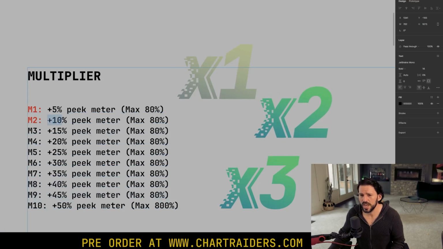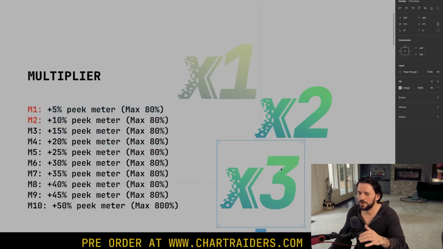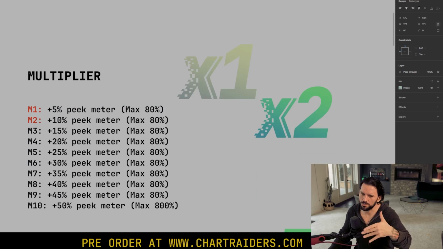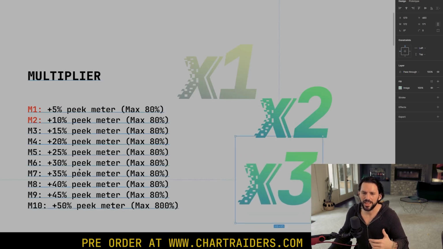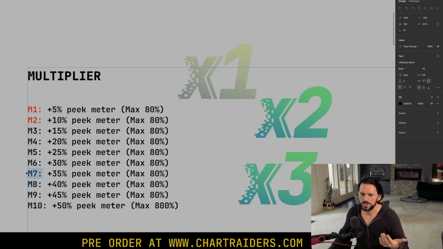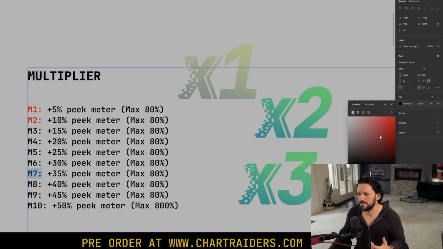Now you'd have an extra 10% peak meter with your 2x multiplier activated, therefore giving you 15% extra peak meter for as long as you have that multiplier up. And there's other ones here. All the other categories are very cool. And then maybe your 3x multiplier, your third trade, applies on something else. And then maybe you come back and you also hit M7, which is your 7th successful trade. Maybe you hit it here. So then you'd have 35, 40, 50% peak meter for as long as you have those multipliers up, right?